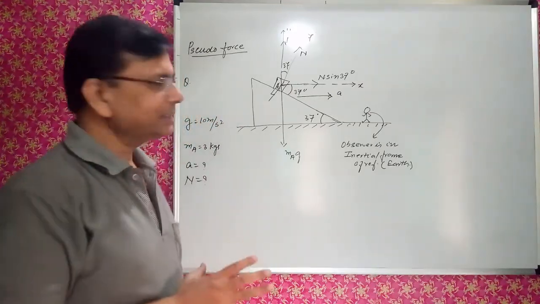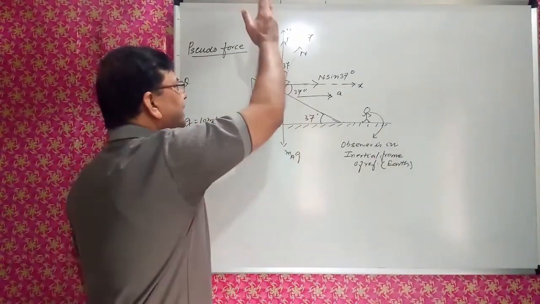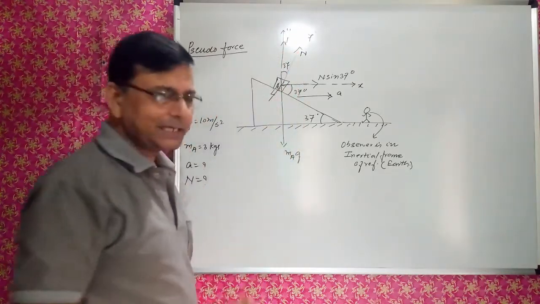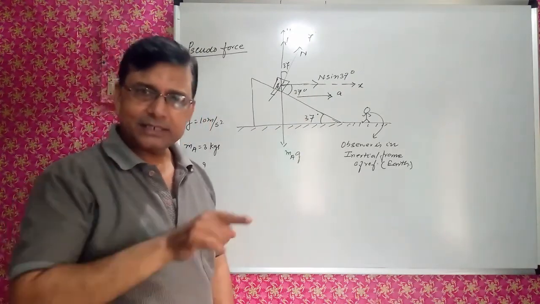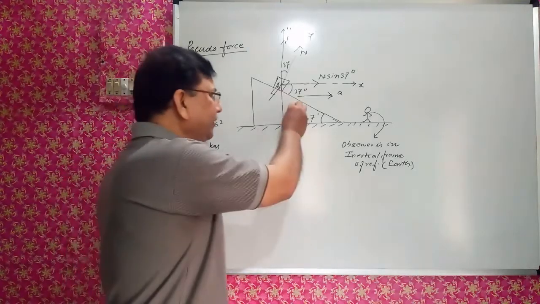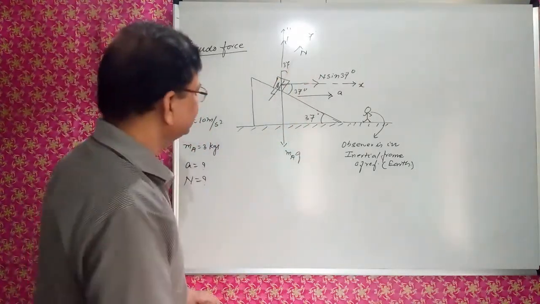So to find the resultant, we will resolve the normal into perpendicular directions, along the x-axis and along the y-axis. Along the y-axis there is no motion, so these forces will be balancing. The only unbalanced force is N sin 37. This net force along the x-axis will cause the acceleration in the wedge or on the mass, because it is in contact with the surface, right?